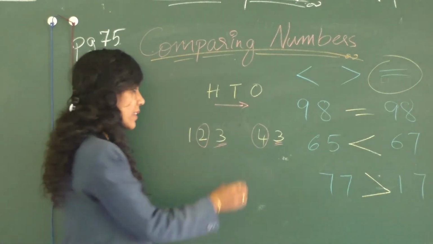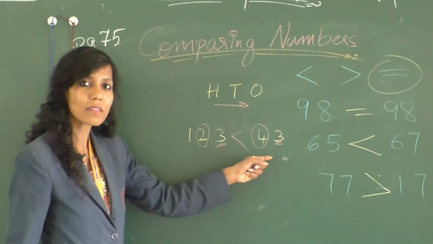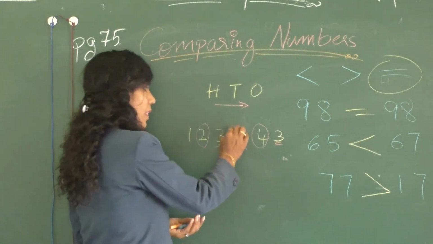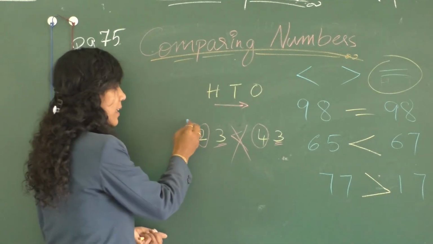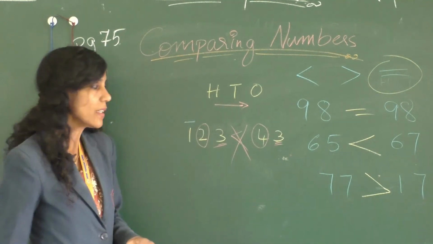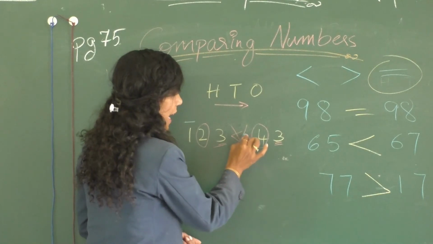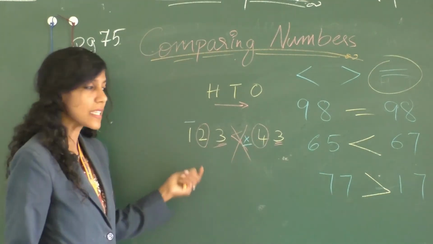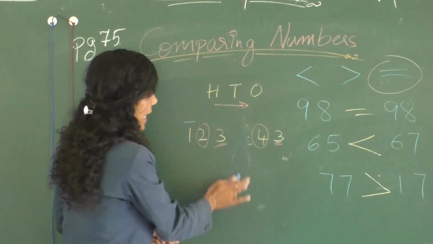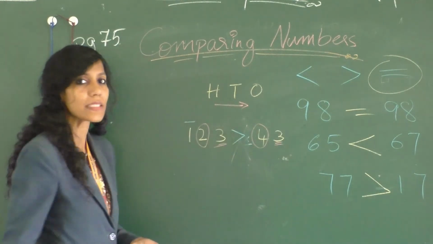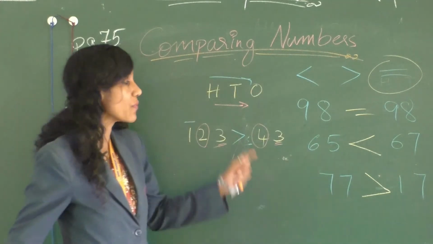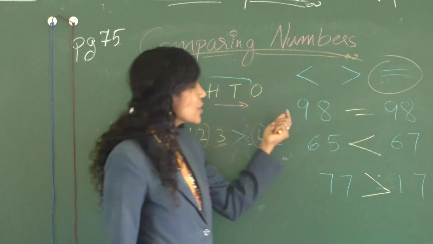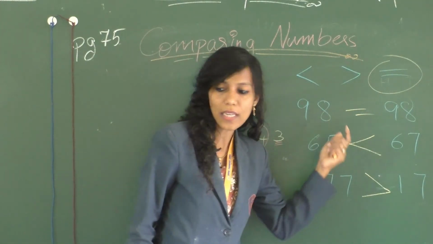Here can we say this is less than 43? No, this is the reason we start from here. Here we have nothing. So here itself we find out that this number is greater than 43. So always follow the order where you have to see from the front, the first digit to the last digit.